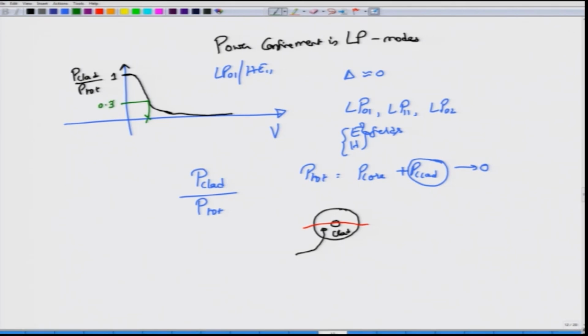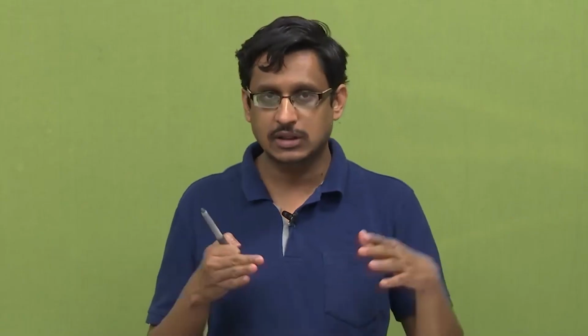In other words, about 70% of the power is in the core and 30% of the power is lost in the cladding. Now, that is not very small, but the trade-off is that if you operate at or very near V equal to 2.4, then this is the only mode that is propagating, and because of that, the associated dispersion due to multi-mode propagation will not occur.